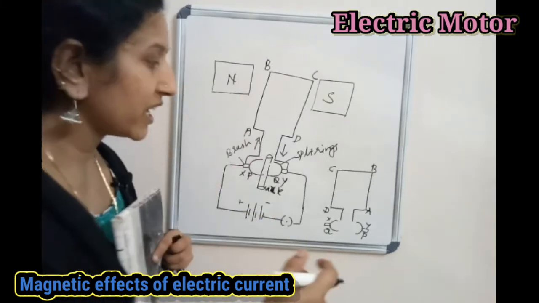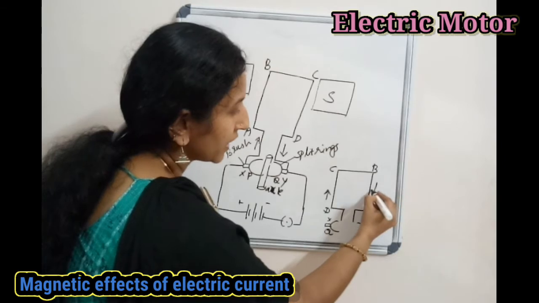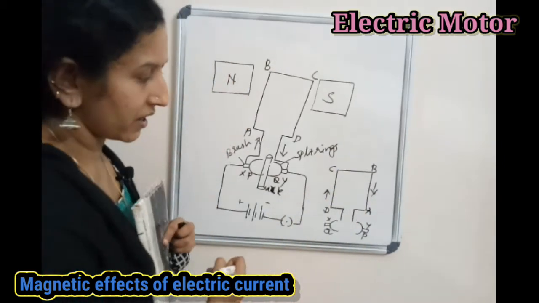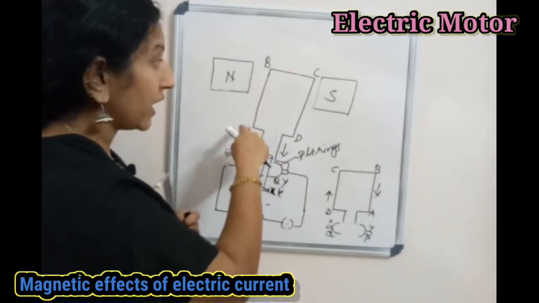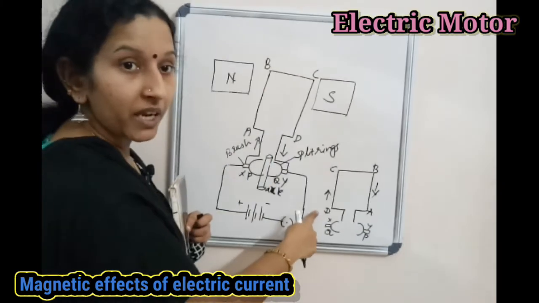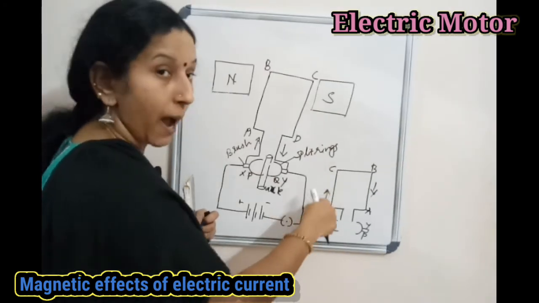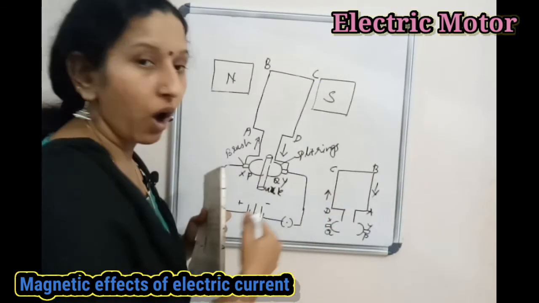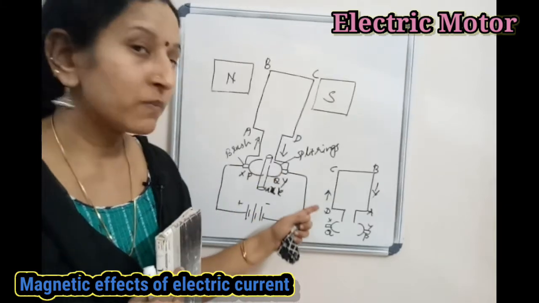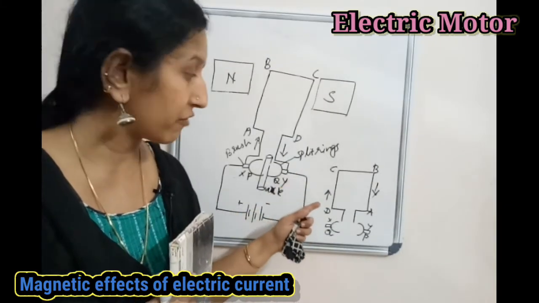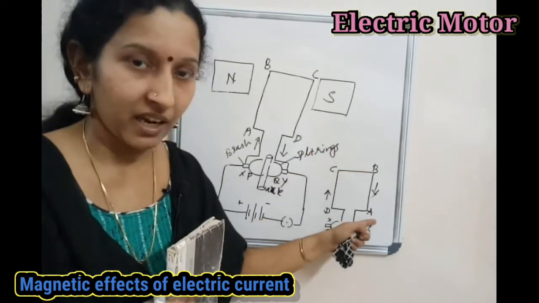Which means now the direction of current, from D, this is the direction of current. In the previous case, the current on arm AB was A to B, up. Now on arm DC, the current is from D to C, up, and here it is A to B, down. Here it is B to A, downward.